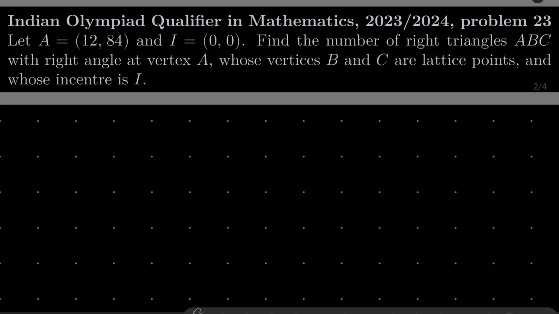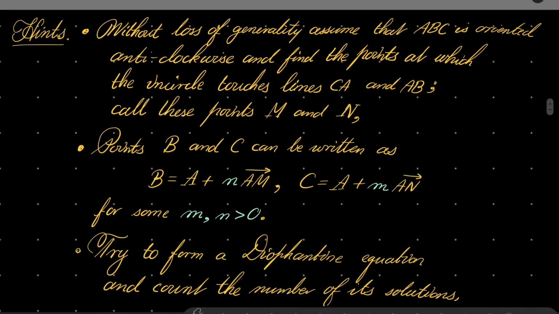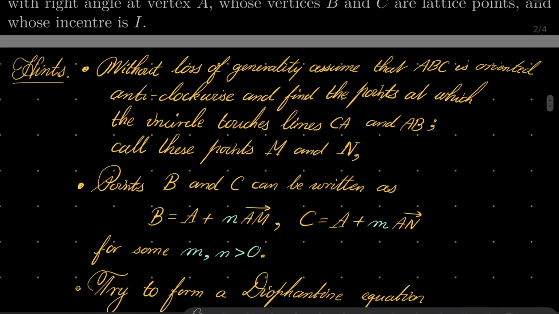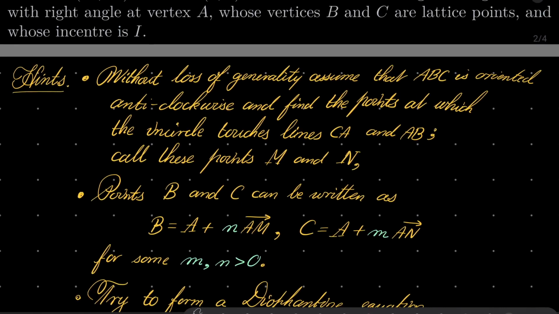So here are my hints. First, without loss of generality, you may assume that ABC is oriented anti-clockwise, and you should be able to find the points at which the incircle touches lines CA and AB, and call these points M and N respectively.